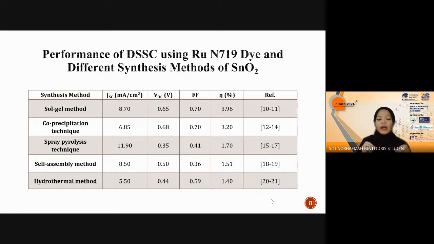The impact of various factors in different synthesis methods of tin oxide are the structure of particles and also the size, solvent types used, immersion time of electrode in sensitizer solution, the roughness of electrode, and also the PV characteristics.